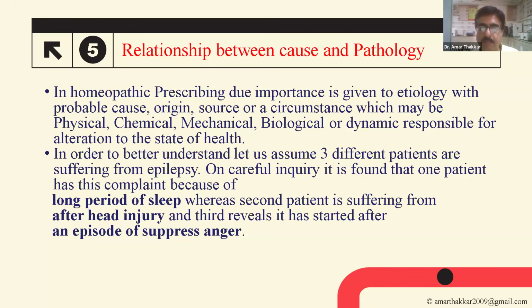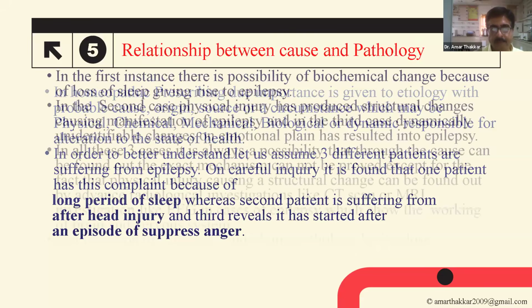One patient is suffering from epilepsy because he is not having sufficient sleep daily. The second patient is suffering from epilepsy after a head injury. And the third patient has epilepsy that started only after suppression of anger.